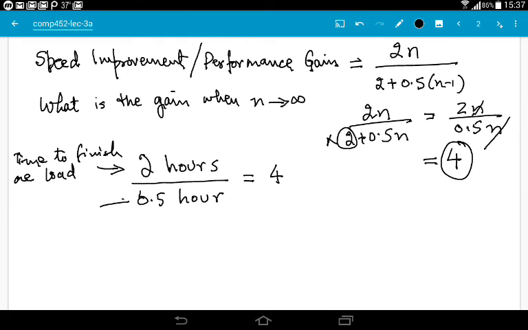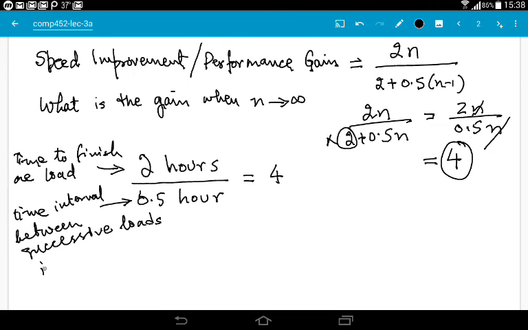And this is the time interval between successive loads in the pipelined approach.